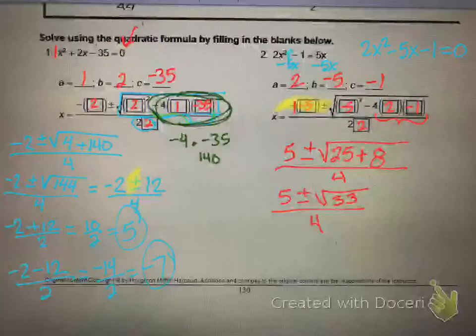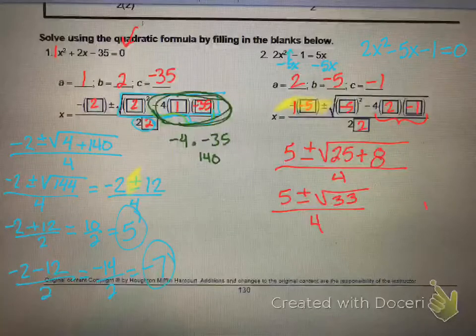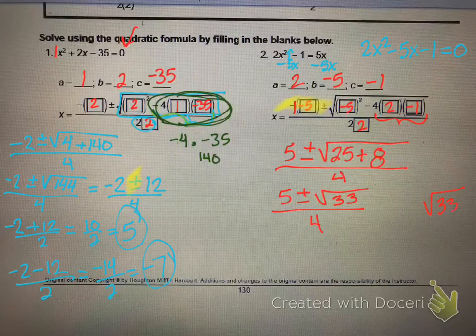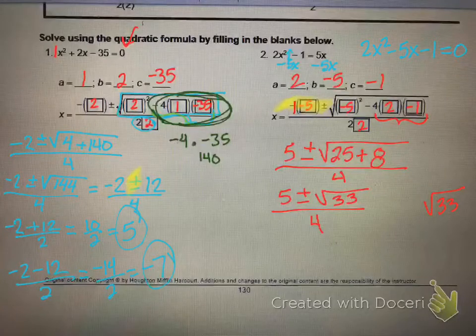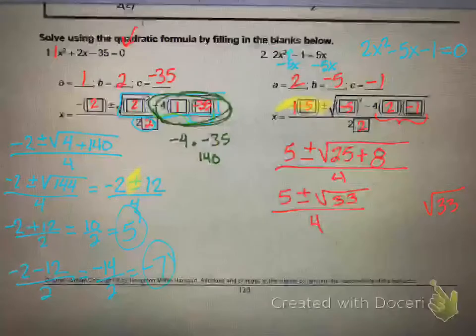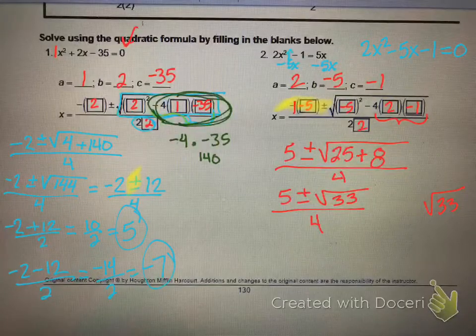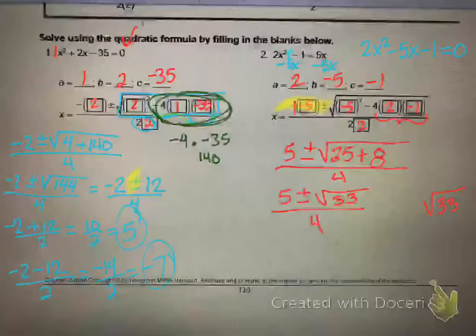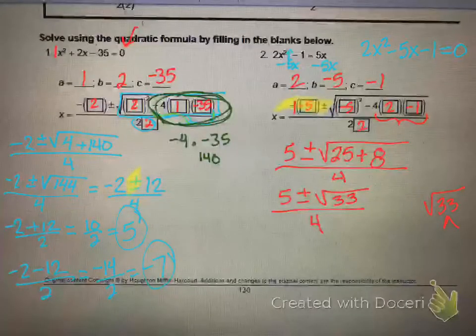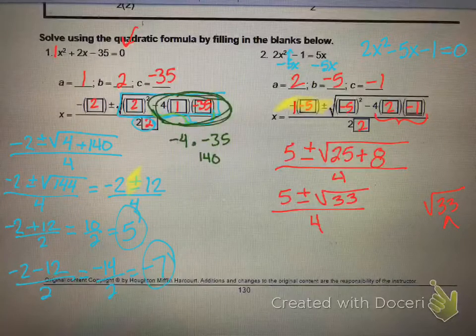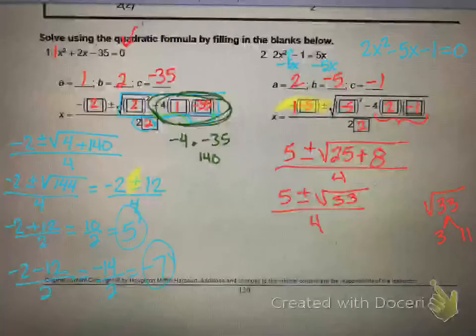So next thing, we want to continue trying to simplify that radical. So I'm going to do some work off to the side here. I created a video that I emailed out a couple days ago on simplifying square roots. So I can post that on the Teams page again if you need to see that. So basically what I'm doing is trying to see if this is a perfect square or if it can be simplified. So I'm going to break it down into its prime factors.